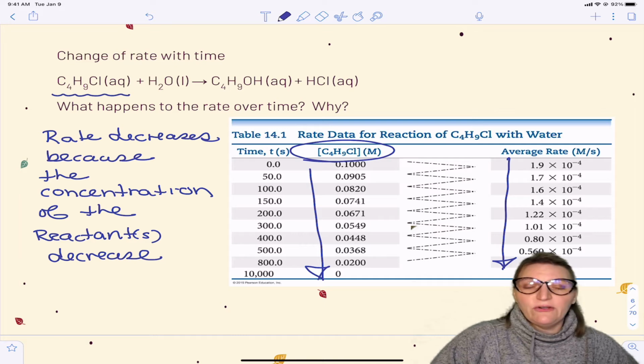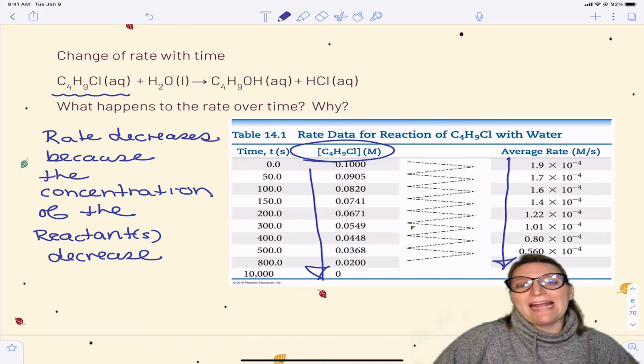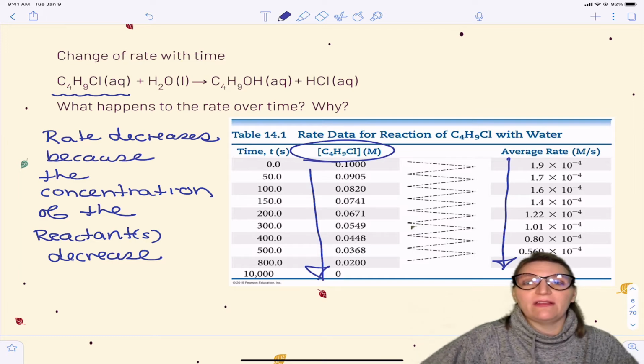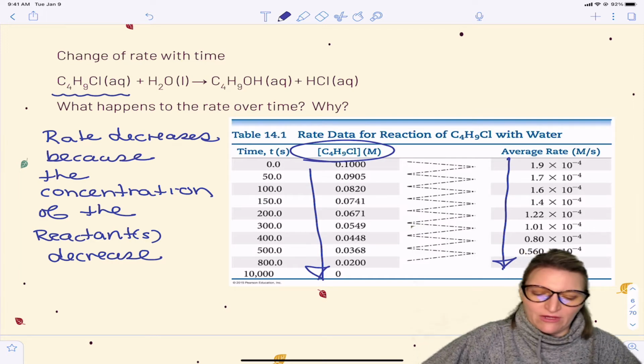So we would say the rate decreases because the concentration of the reactant or reactants decrease. That means that there's less collisions, therefore the reaction slows down.